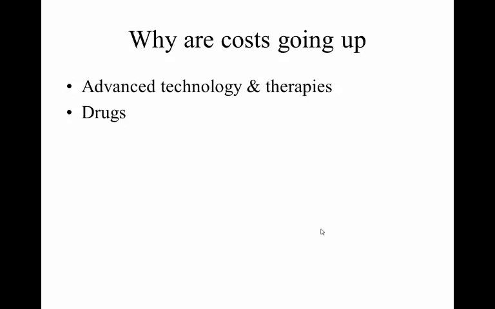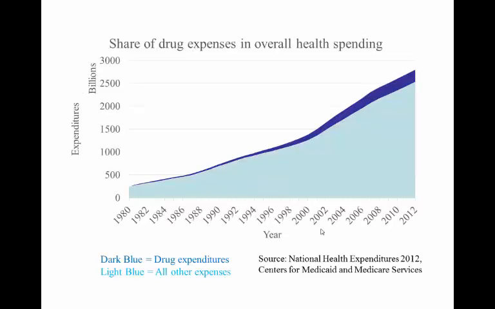A couple of charts can illuminate the effect of drug spending on overall spending. So this chart shows you the overall amount of spending on healthcare since 1980. Overall spending is a combination of the light blue and dark blue areas.